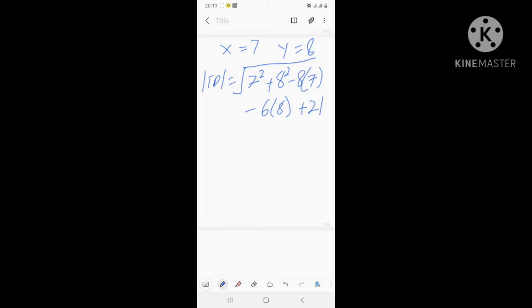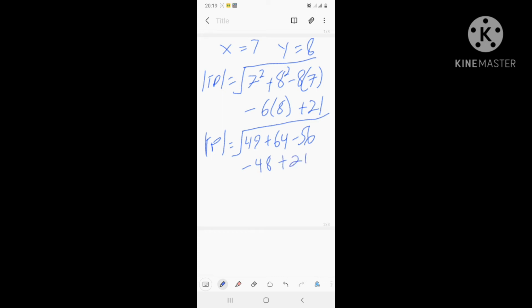You get that? So the length TP will be equal to the square root of 7 squared is 49, plus 64, minus 56, minus 48, plus 21.